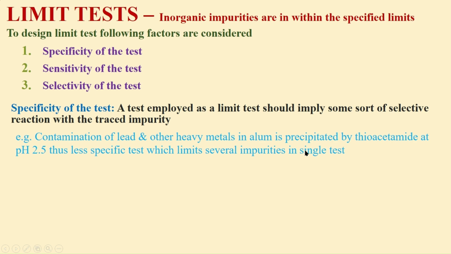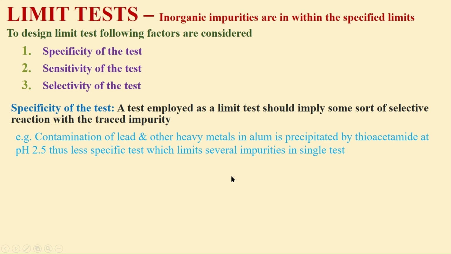In this test, the thioacetamide reacts with all the heavy metals present in alum and gives the precipitation. This type of test is not very specific. If it reacted specifically with a particular heavy metal, then its specificity would be higher. These are less specific in nature.